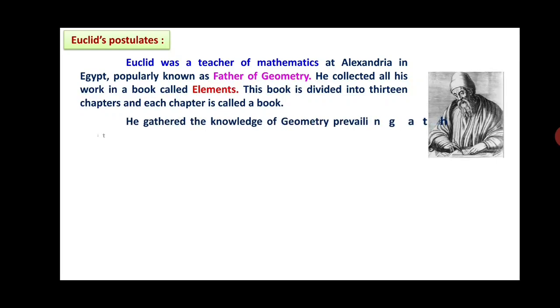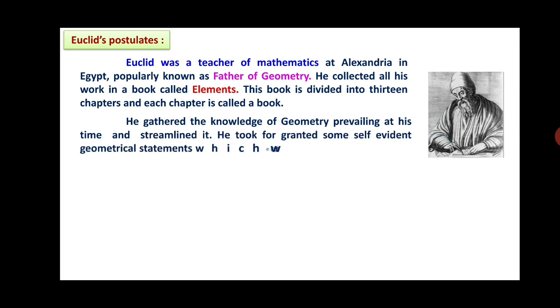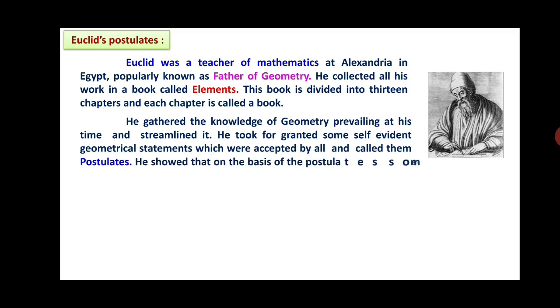He gathered the knowledge of geometry prevailing at his time and streamlined it. He took for granted some self-evident geometrical statements which were accepted by all and called them postulates. He showed that on the basis of postulates, some more properties can be proved logically.